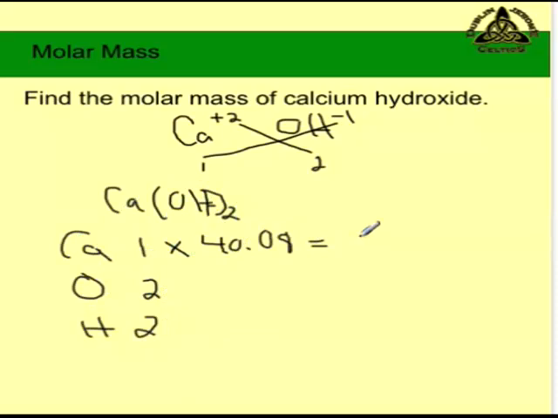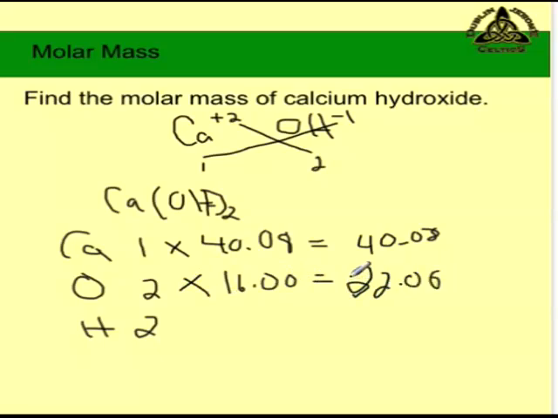Multiplied by 1, of course, gives us 40.08. Oxygen, you might remember this one already, is 16.00 times 2 would give us 32.00.